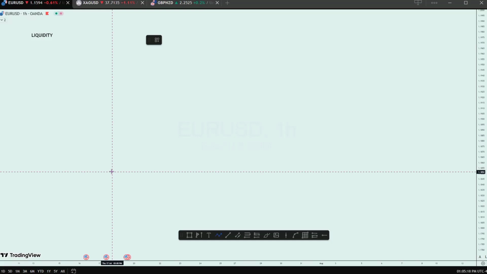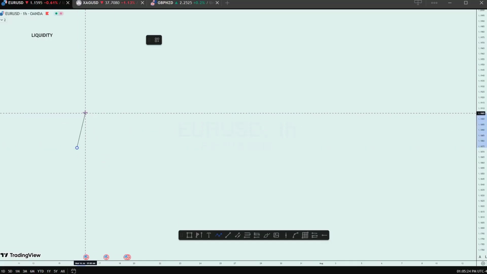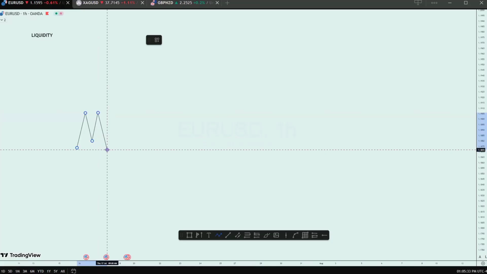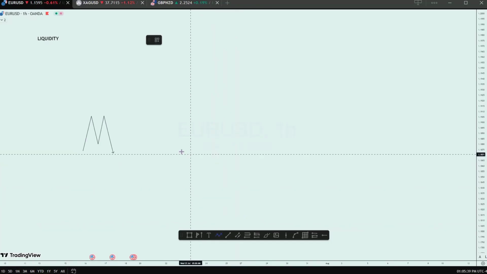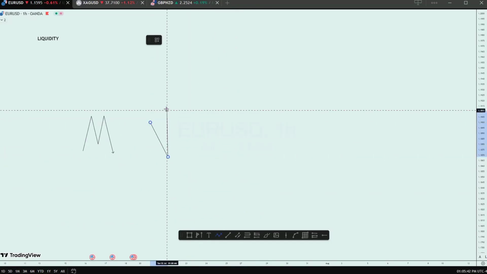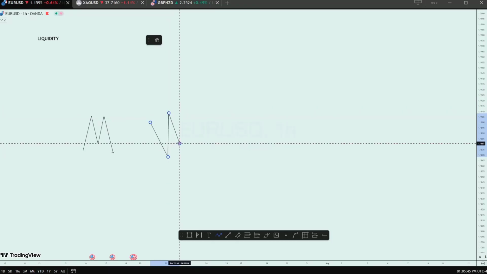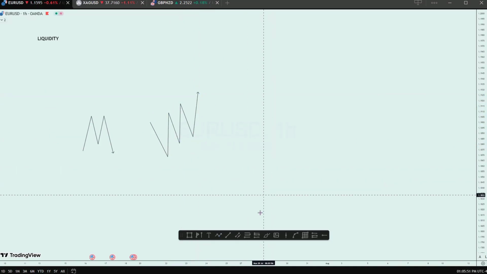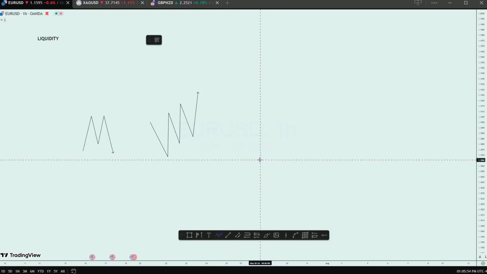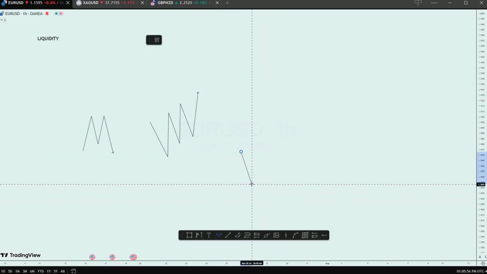We have equal highs, trend line liquidity, and double bottom as liquidity.